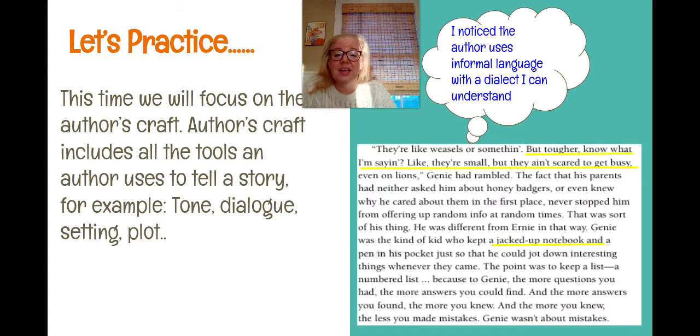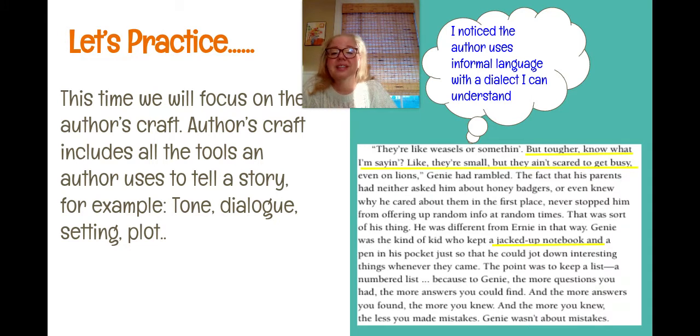Jeannie was the kind of kid who kept a jacked up notebook and a pen in his pocket so that he could jot down interesting things whenever they came. The point was to keep a list, a numbered list, because to Jeannie, the more questions you had, the more answers you could find. And the more answers you found, the more you knew. And the more you knew, the less you made mistakes. And Jeannie wasn't about mistakes.